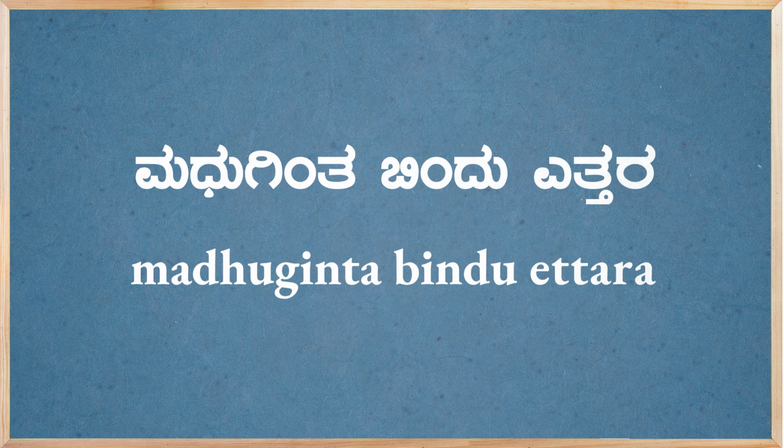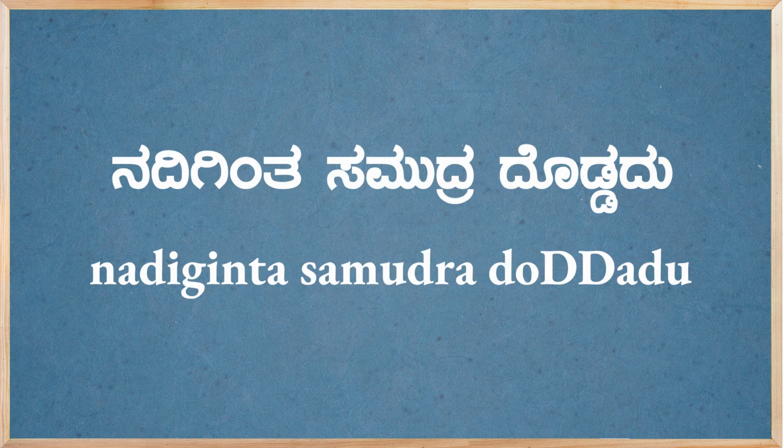Concept of comparison. We discussed the use of ginta as the comparative marker in Kannada to compare two subjects or objects. Example: Madhu ginta bindu yattara. Hope you remember this sentence. Madhu ginta bindu yattara. Bindu is taller than Madhu. Nadi ginta samudra doddadu.